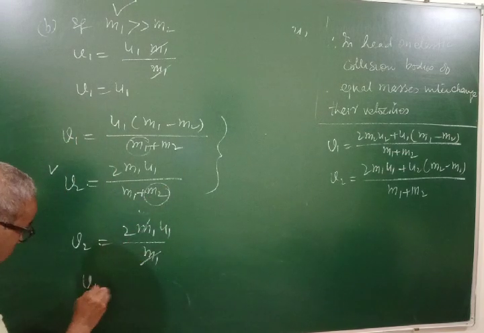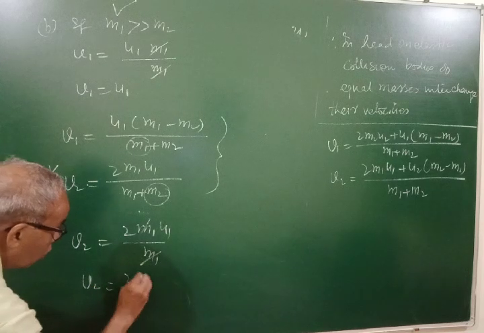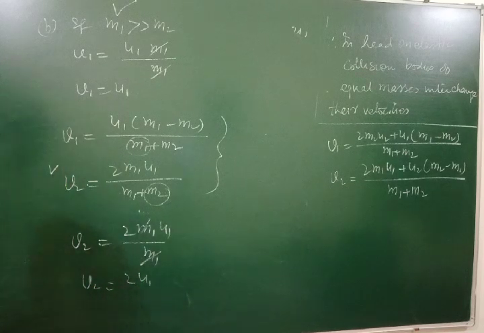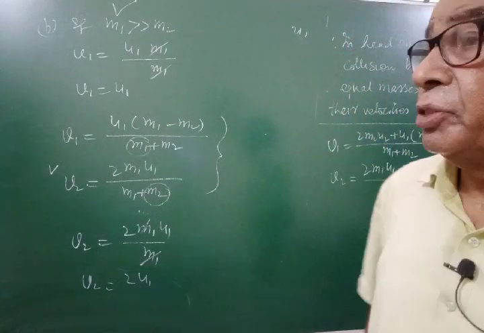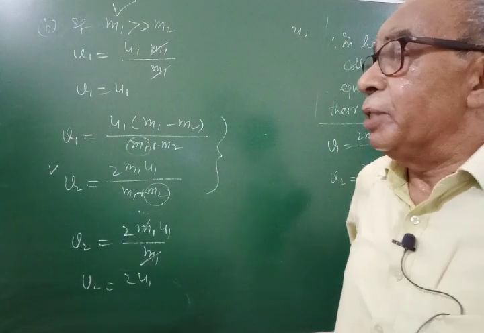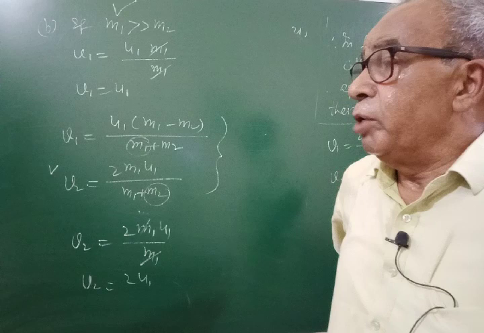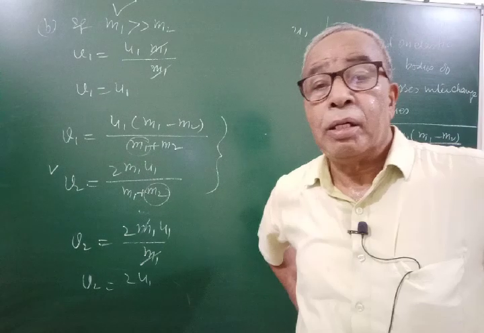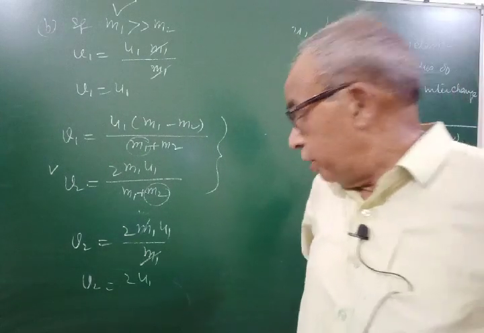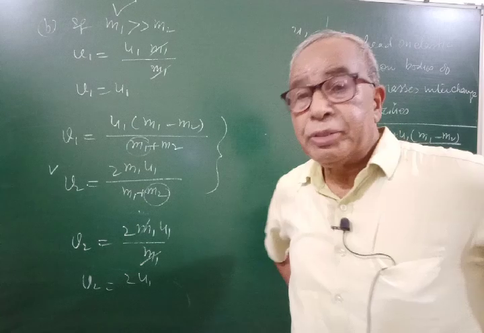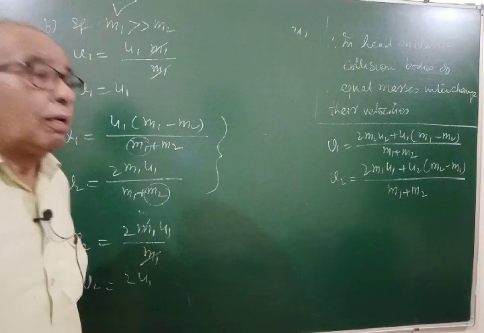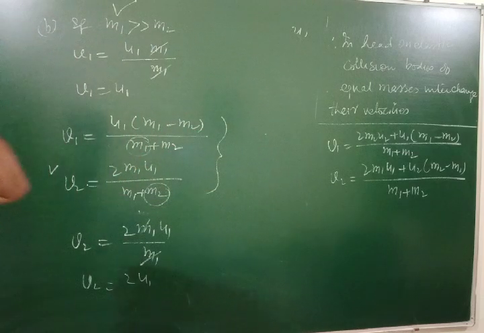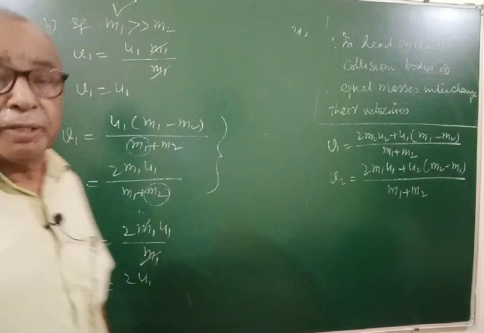So v2 is equal to 2u1. When the colliding body has large mass and collides with a body at rest, the body at rest will start moving with twice the speed of the moving body. You might have seen the train throw away a body lying on the railway track. Why is it thrown? Because the speed becomes larger.